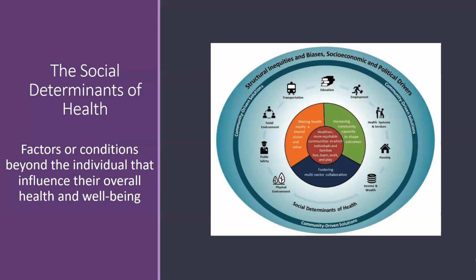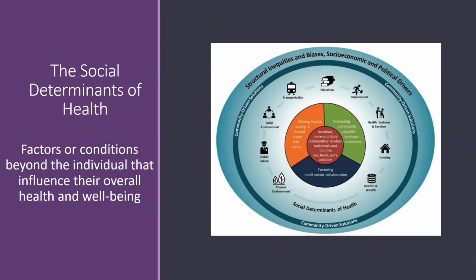But you see that they have physical environment, public safety, social environment, transportation, education, employment, health systems and services, housing, and then finally income and wealth. And this is from the National Academy of Sciences.